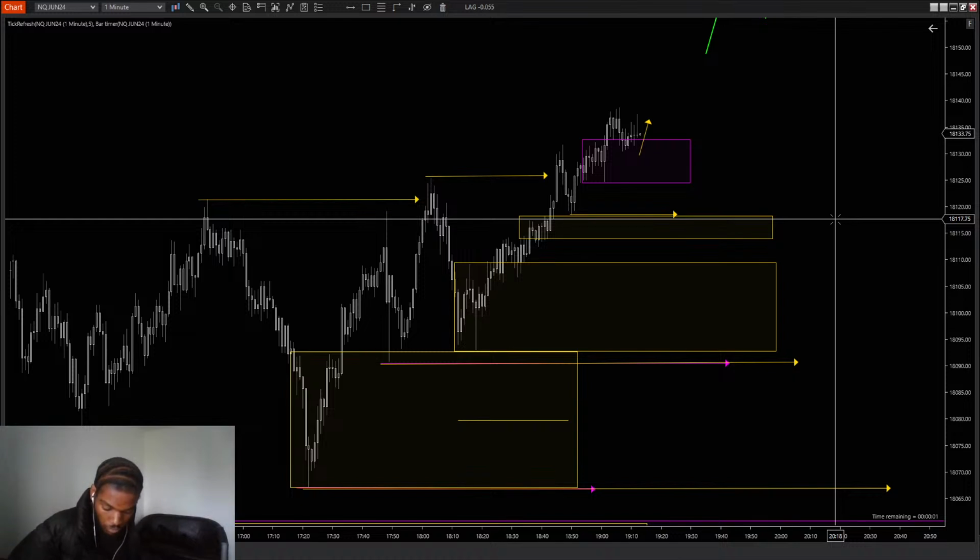But you don't want to be taking positions anywhere and everywhere. You feel me? Now, for me personally, I usually focus on longs. That's why you only see me marking out bullish zones, right?